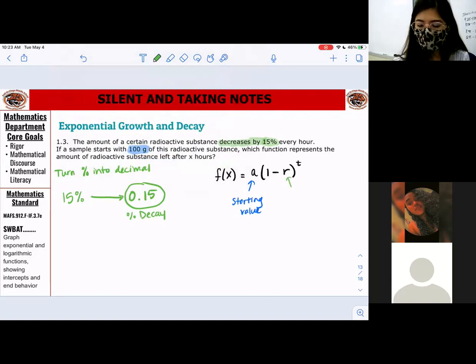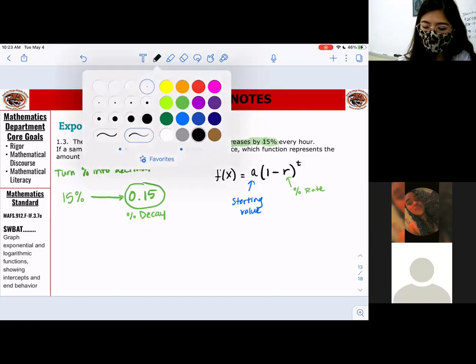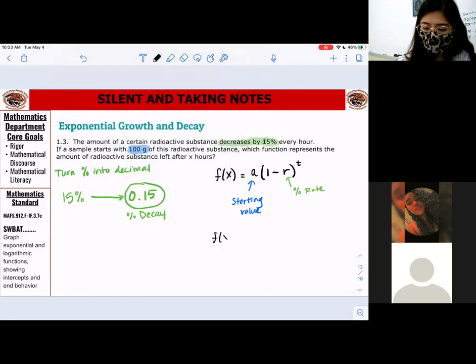The percent, yeah. Percent rate. So we can put all of those numbers in because my starting amount starts with 100 grams. So this is 100, 1 minus 0.15.